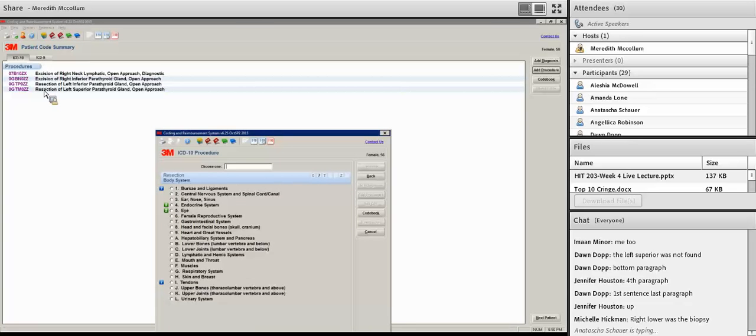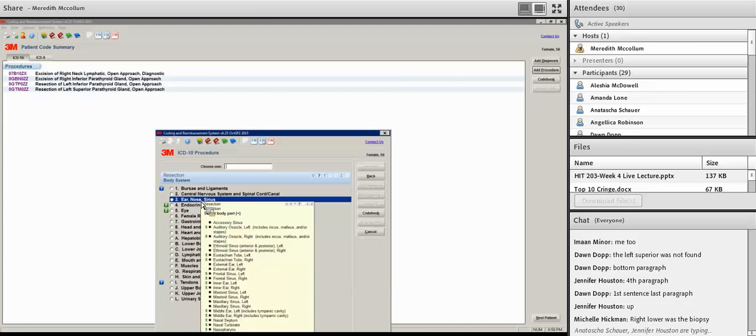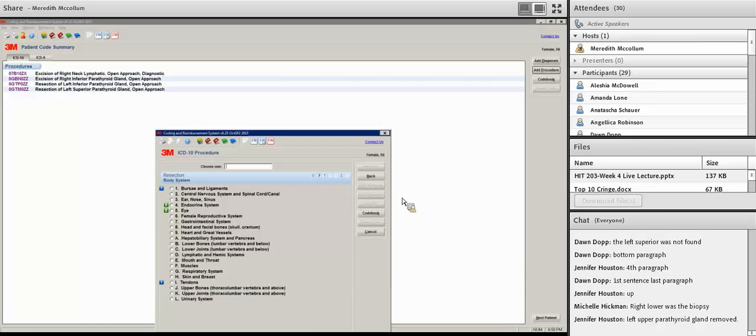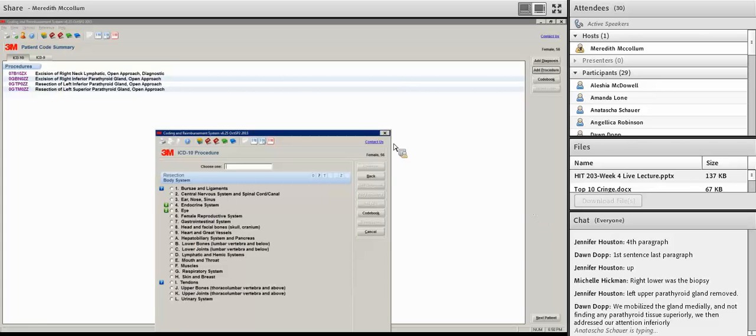Open, and then so they did 3. And then there's another one. I think that the one, hold on, left upper. I had the left upper. So I have left upper.